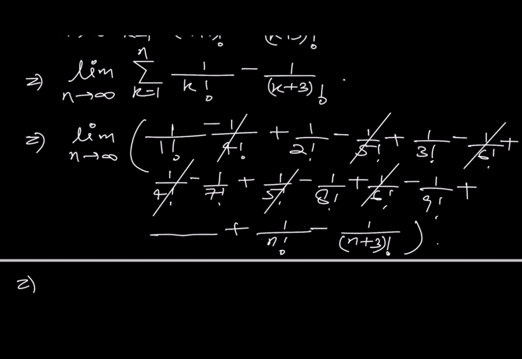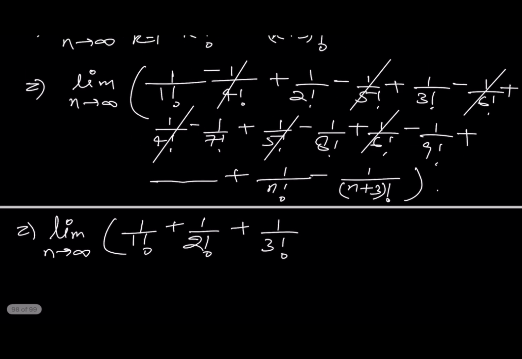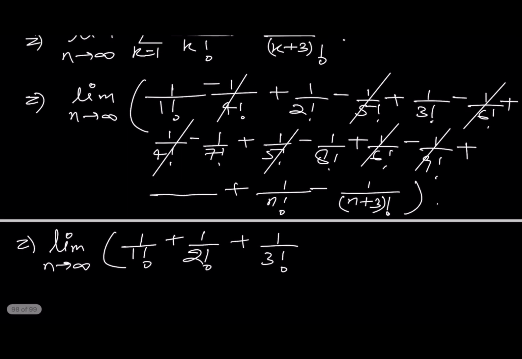So the first terms of the first three brackets, like 1 upon 1 factorial, plus 1 upon 2 factorial, and plus 1 upon 3 factorial, will remain as it is. Limit n tends to infinity of 1 upon 1 factorial plus 1 upon 2 factorial plus 1 upon 3 factorial, right? And other terms will cancel out and the last three terms will remain as it is.